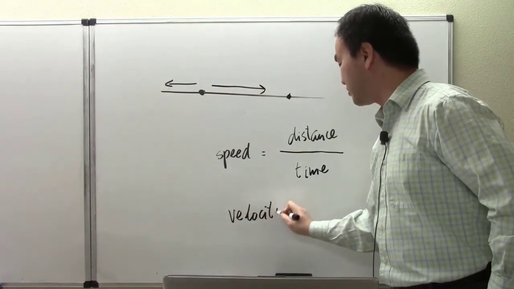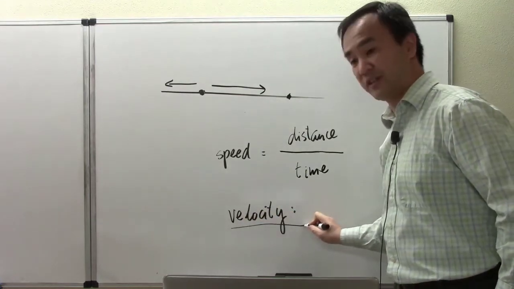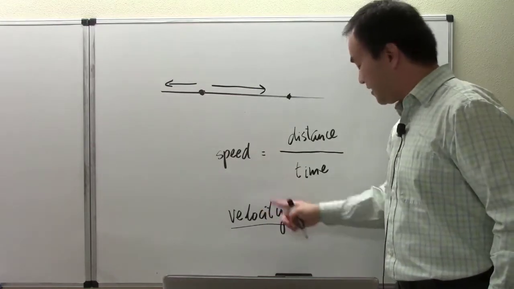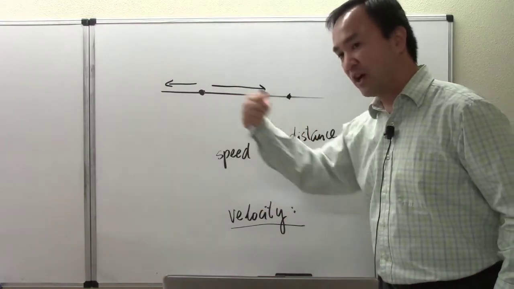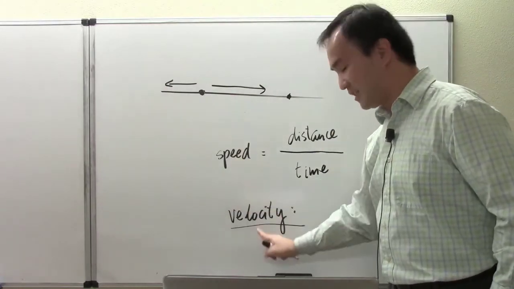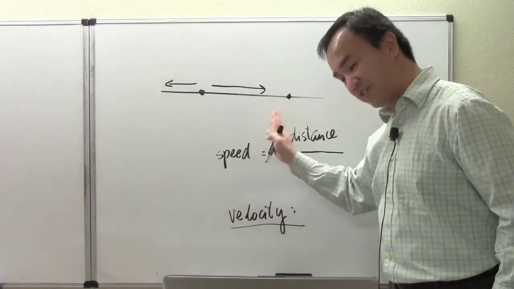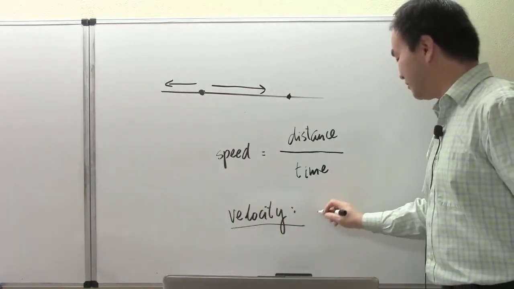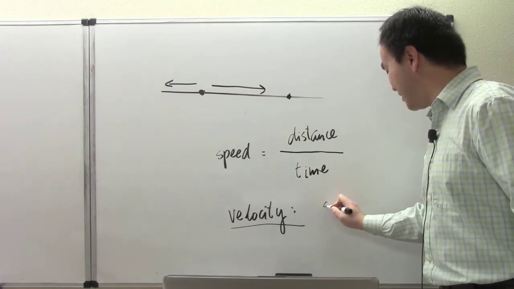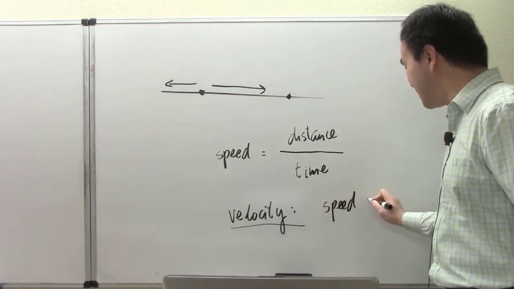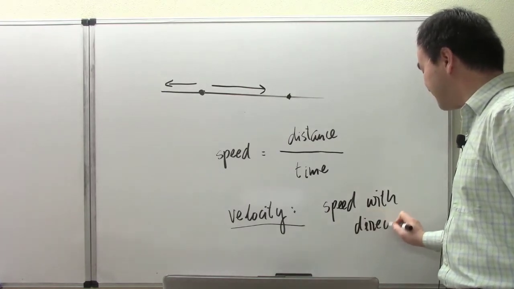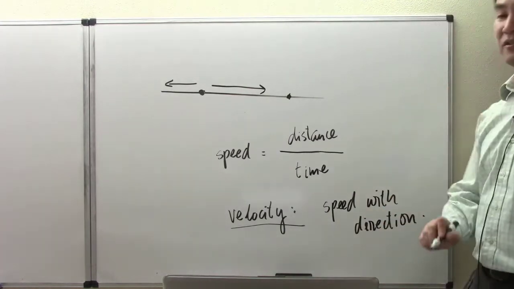When we start to really study physics, the physicists went even further and became more detailed: speed combined with direction, either forward or backward, is velocity. So in the rawest understanding, velocity is speed, but speed with direction. Keep that in mind.